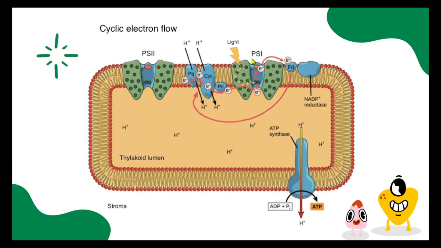And it starts with the photosystem 1, where the light is captured, that energy, and then it raises the electron to a higher energy level. That electron will travel through different electron carriers. Okay, and that cycle repeats again and again.